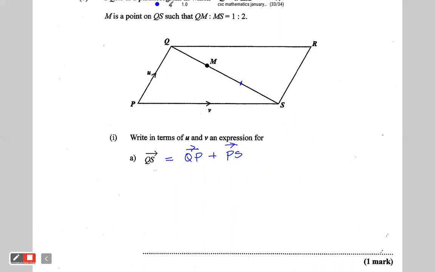I'm going to start at Q and end at S, and the next letter is in the middle. PQ is U, so QP would be -U. So this is -U plus V. I normally like putting the positive one first, so this is V minus U. So QS is V minus U.